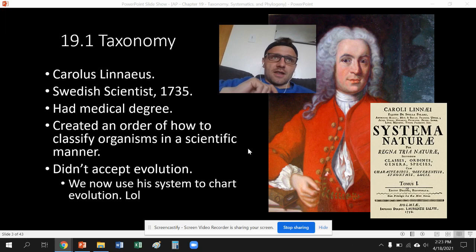He just thought that his way of organizing life was the best model out there, and he didn't think that species changed. He was quoted as saying, "God produced, Linnaeus organized." So he really thought he was placed on this earth to create a system of organizing species.